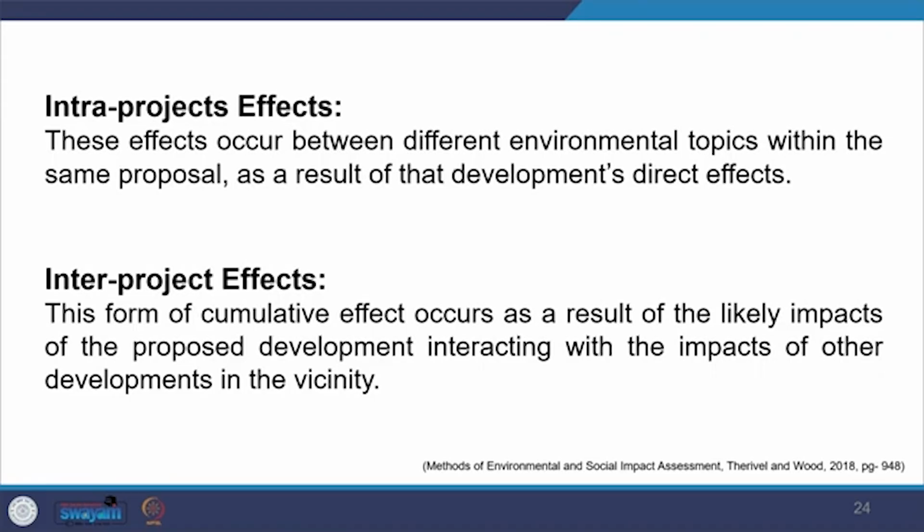And then you also have inter-project effects. This form of cumulative effect occurs as a result of the likely impact of the proposed development interacting with the impacts of other development in the vicinity. So what happens from one project and what happens from the other project, and together, what are the results of all those impacts? That's inter-project effects.